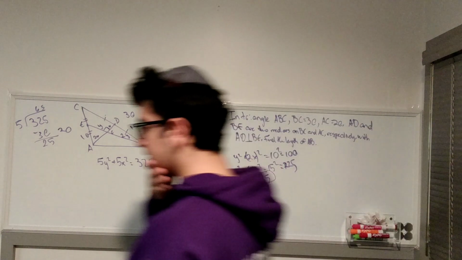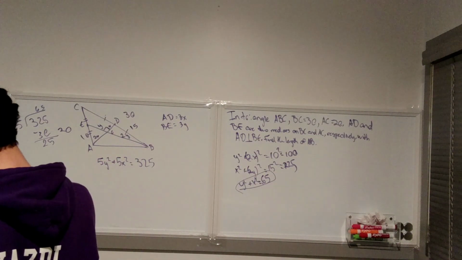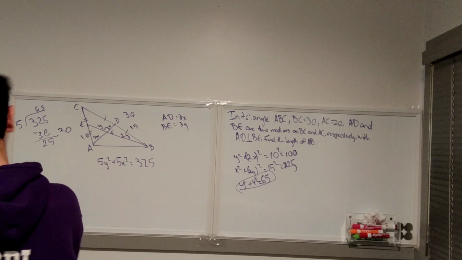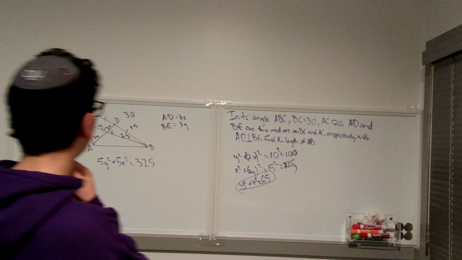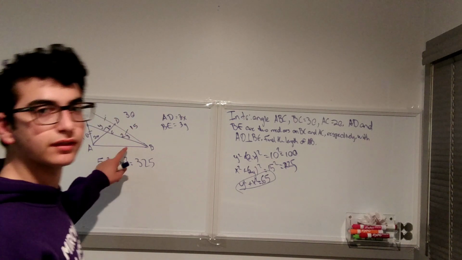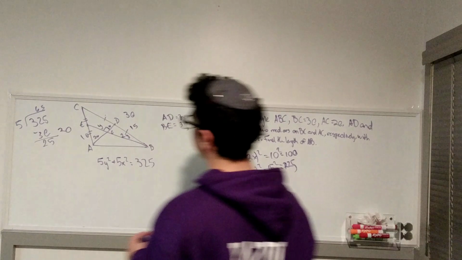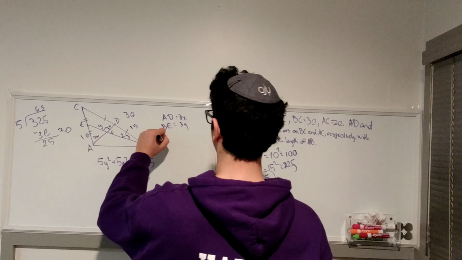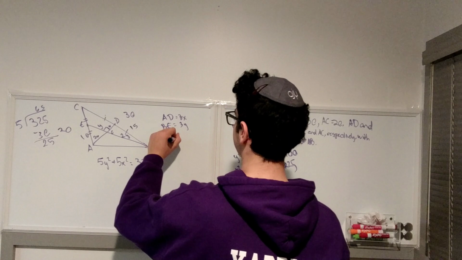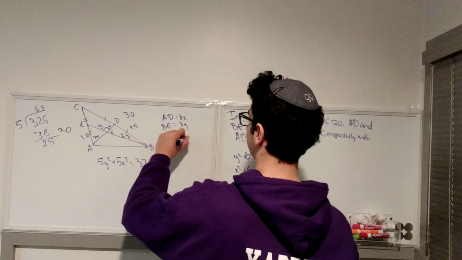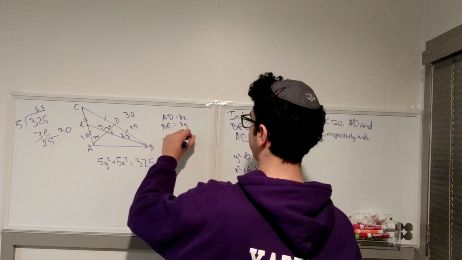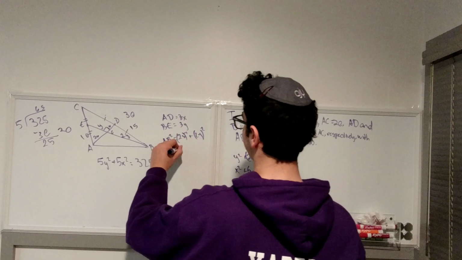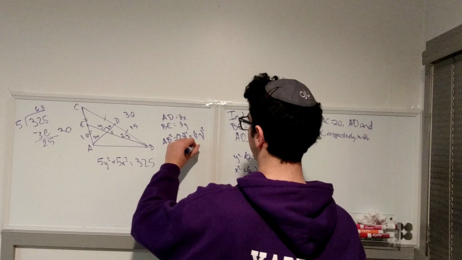The next step is that in the problem, I need to find the length of AB. We can just use the Pythagorean theorem for that. AB squared is 2x quantity squared plus 2y quantity squared, and that's 4x squared plus 4y squared.